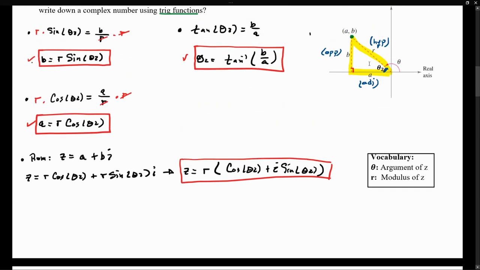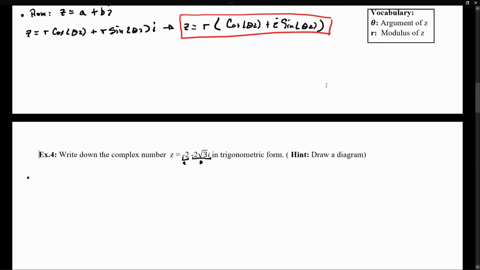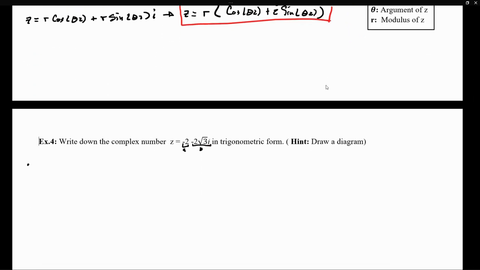The first thing that we have to do is to define the value of r, or the distance from the point to the origin, which we define as the modulus. If that's the distance, then r is nothing more than the square root of the real squared plus the imaginary squared. Let's plug that in here and see what we end up with.